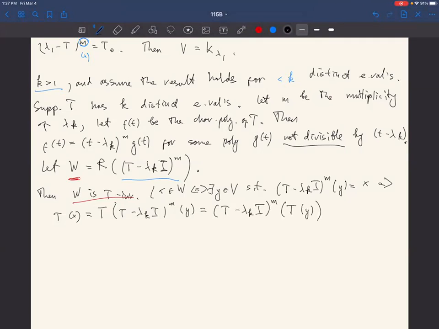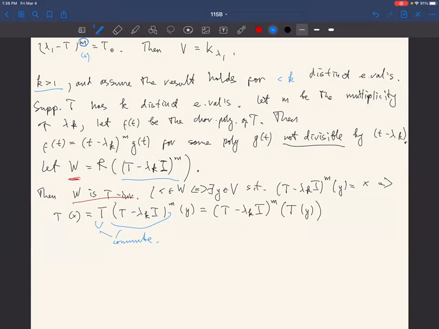So again, we just use that T commutes with itself as always, and with the identity operator. So here we use that this and this commute by linearity of T. Since they commute, we can take the composition in the opposite order.